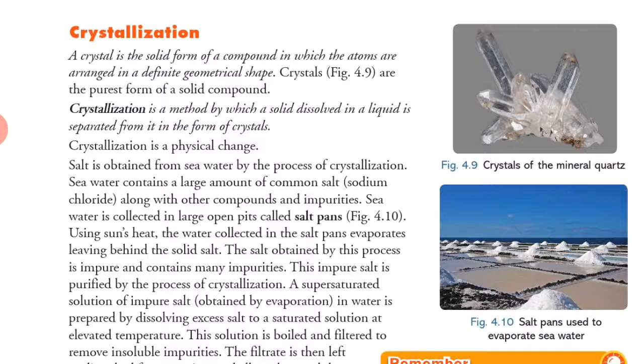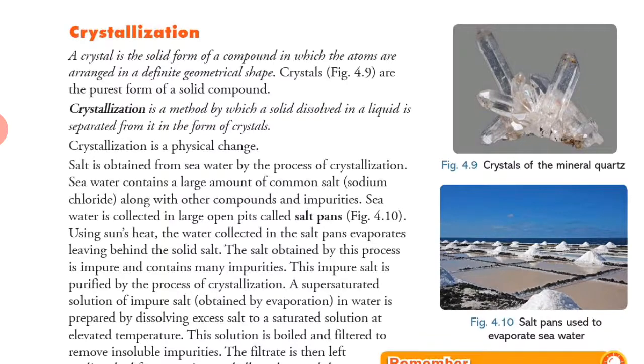A supersaturated solution of impure salt in water is prepared by dissolving excess salt in a saturated solution at an elevated temperature. This solution is boiled and filtered to remove insoluble impurities.